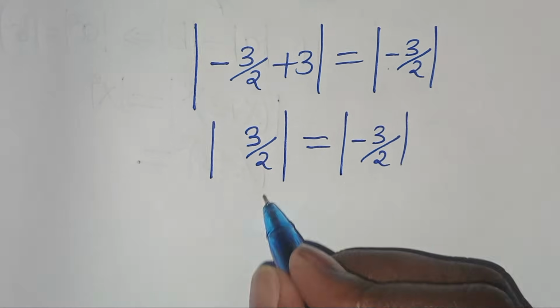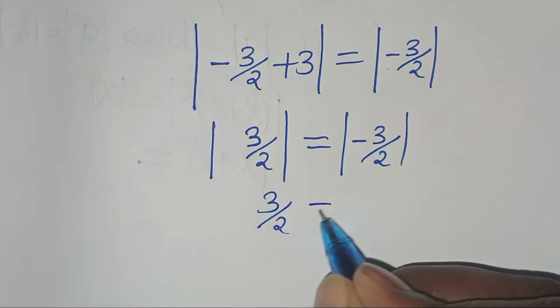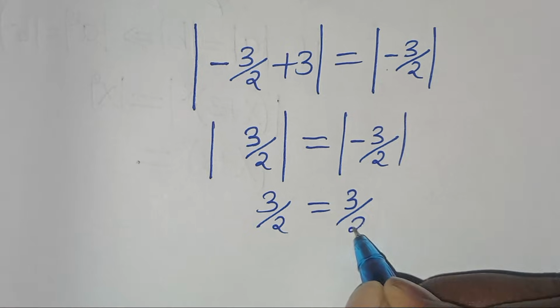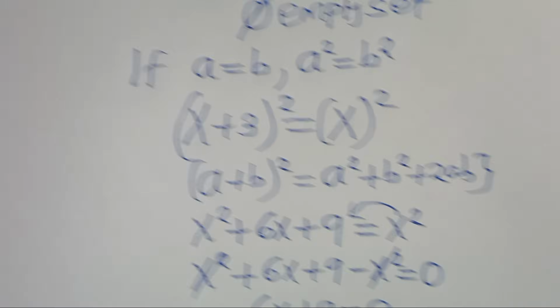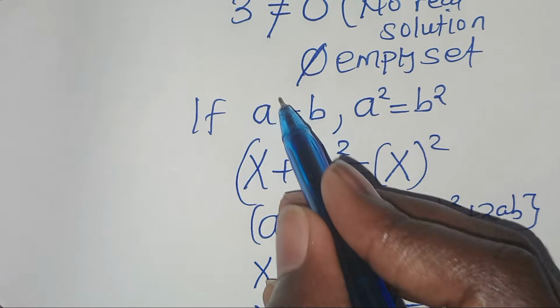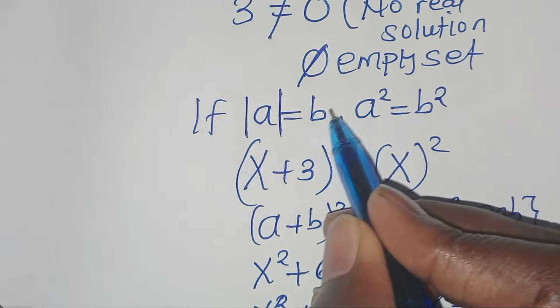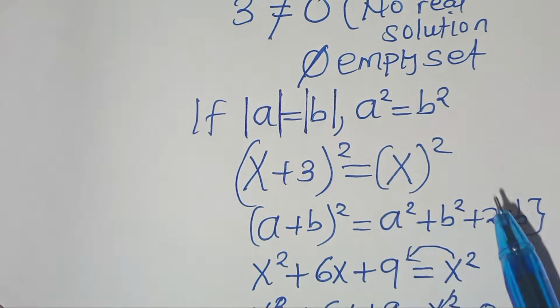And this means that 3 over 2 is equal to 3 over 2. This implies that the absolute value of A is equal to the absolute value of B.